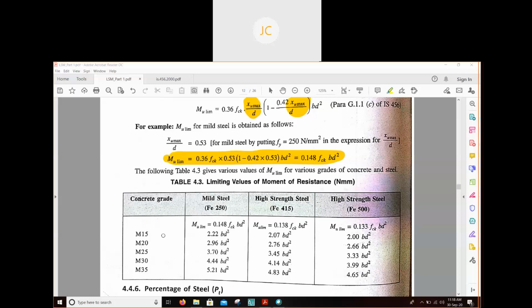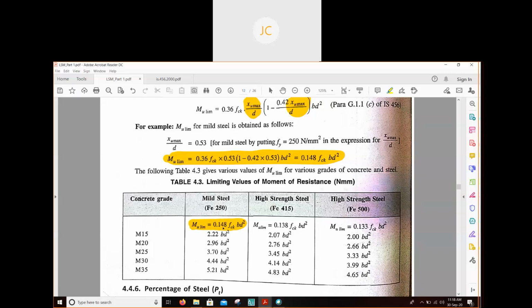For M15, put the value of fck equal to 15. For M20, put the value of fck, you will get this formula. For M25, this is 25. For M30, this is 30. For M35, this is 35. So if you put all the values here, this is the actual formula for Fe250, that means for mild steel. For different grades of concrete, you just need to put the values of fck and you will get this one. No need to remember these things.